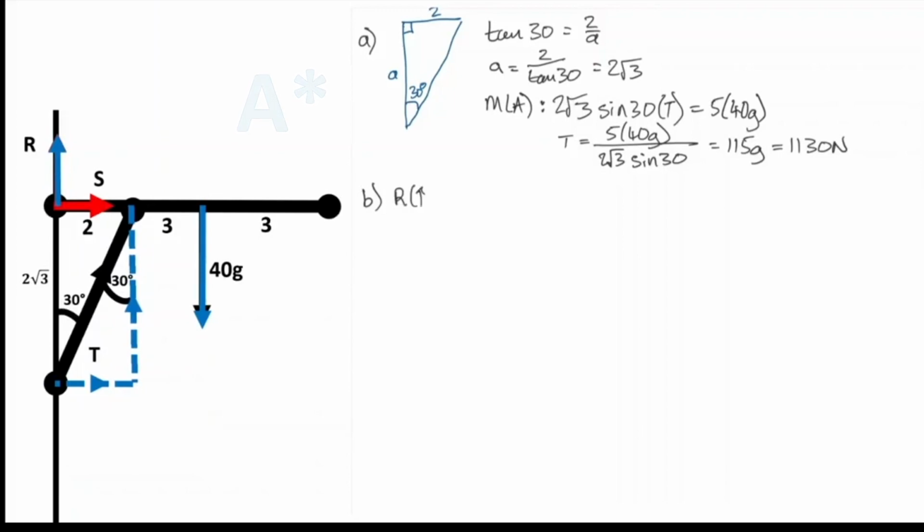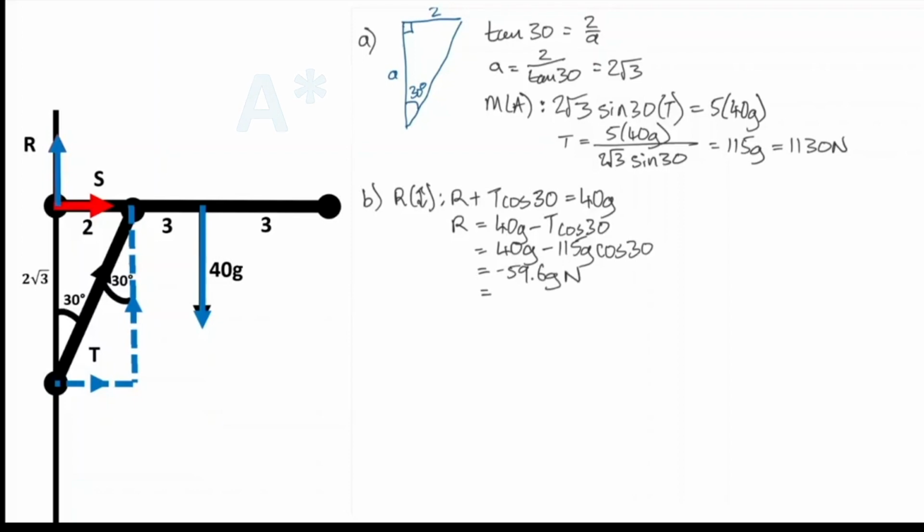Let's start by resolving vertically these three forces, including this component. We can say that R plus T cosine 30 is going to equal 40g. Rearranging and substituting in our value for T, we can say that R is going to be negative 59.6g.